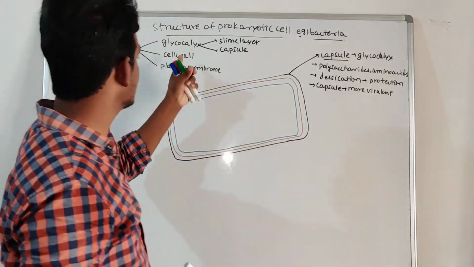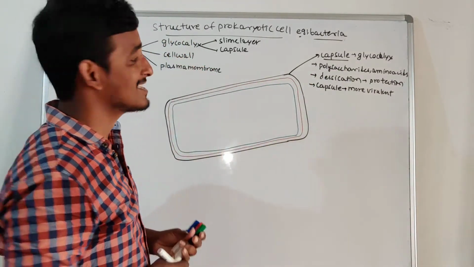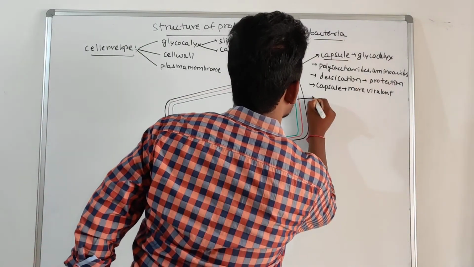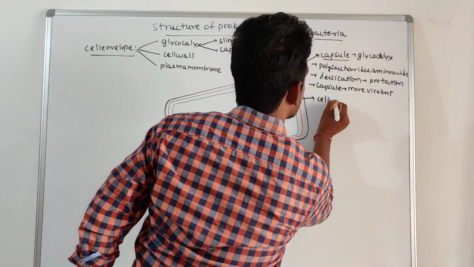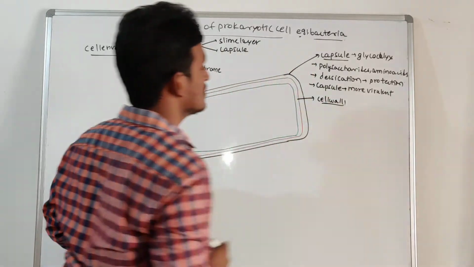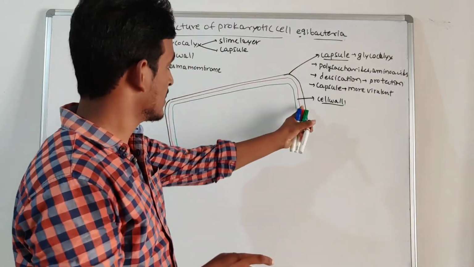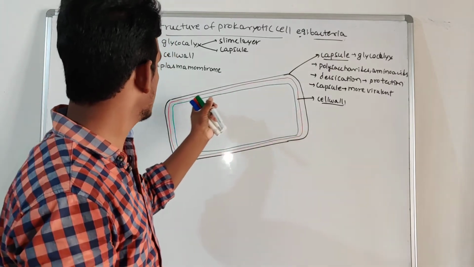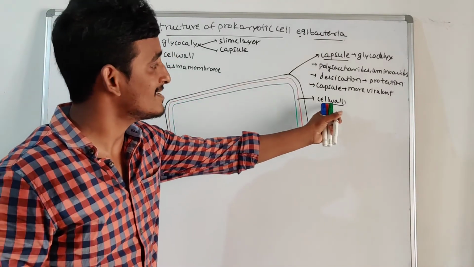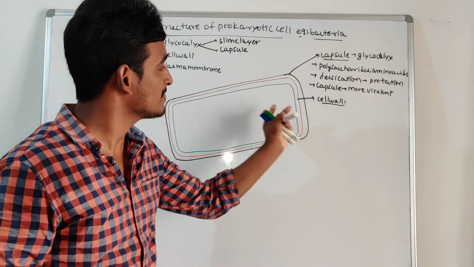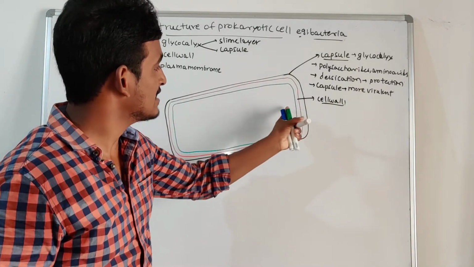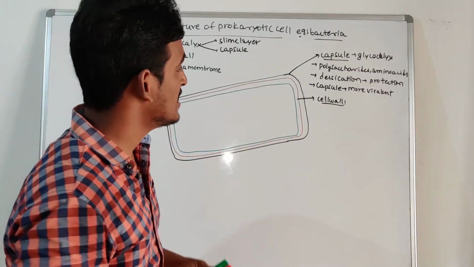Later, another layer, that is the cell wall. What about the cell wall? It is present on the surface of the plasma membrane, between the glycocalyx and the plasma membrane.